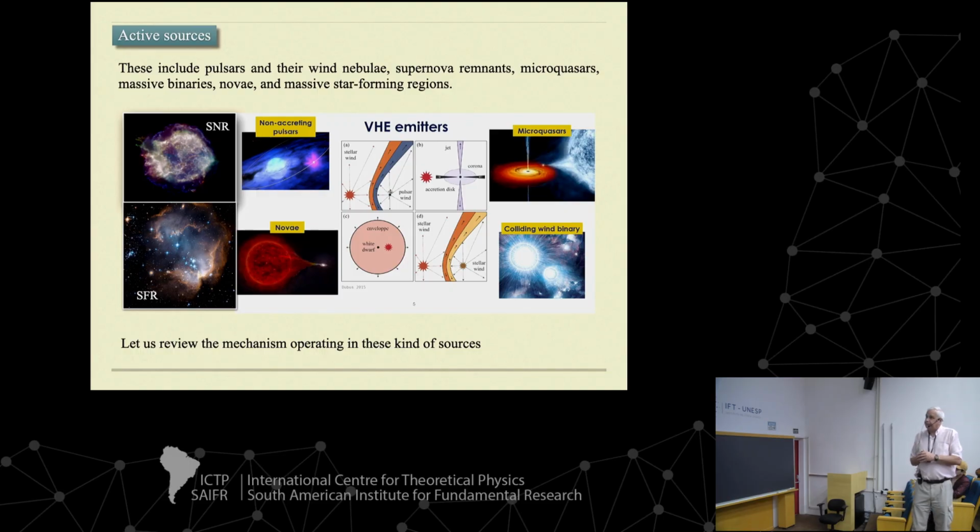Okay, enough about passive sources. Now let's focus on the active ones. The most common types of active sources at high energy and very high energy gamma rays are these: supernova remnants, the remains of exploded stars, then star-forming regions, the cradles of stars in our galaxy, open clusters, plenty of stars in the center.